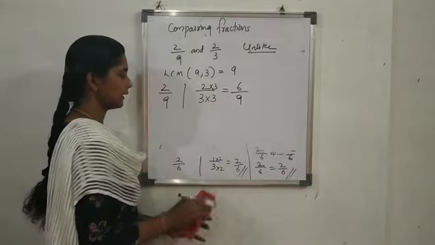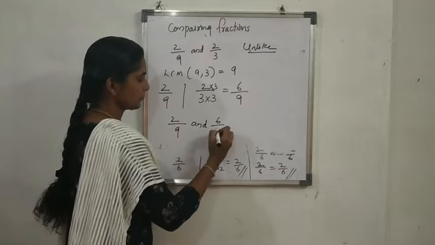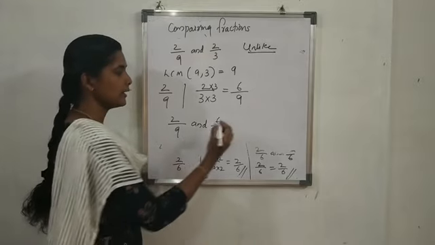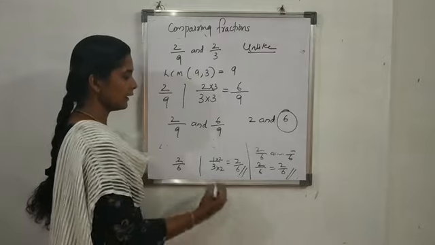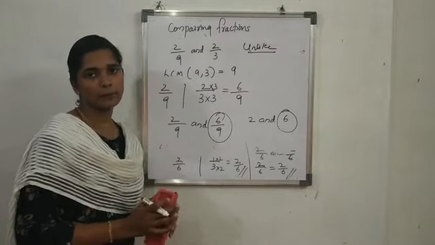Then compare the numbers, 2 by 9 and 6 by 9. Now these are like fractions, so we can compare the numerators 2 and 6. Which one is greater? 6 is greater. Therefore 6 by 9 is the greatest fraction.